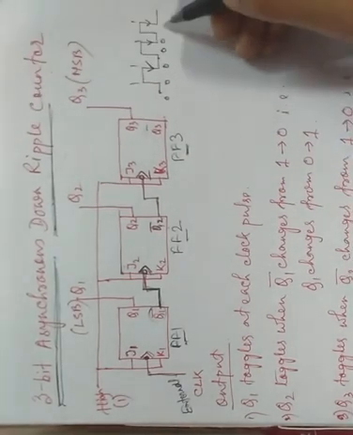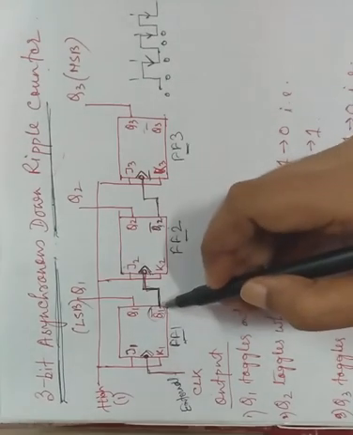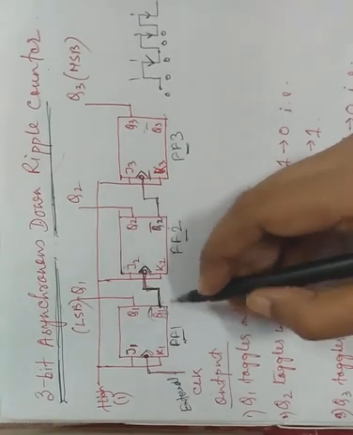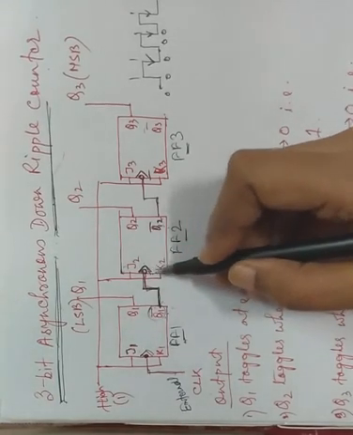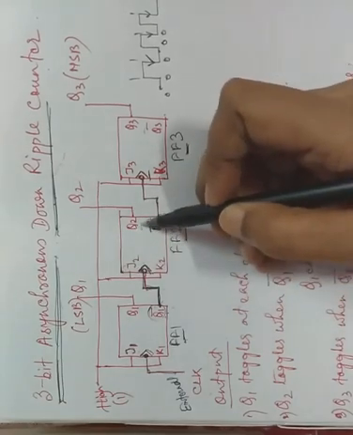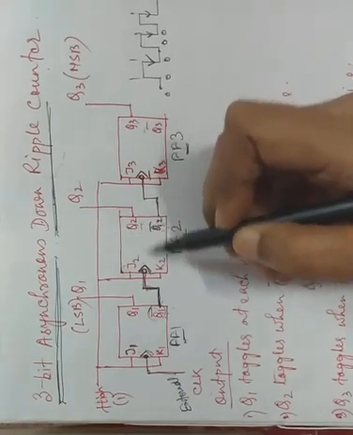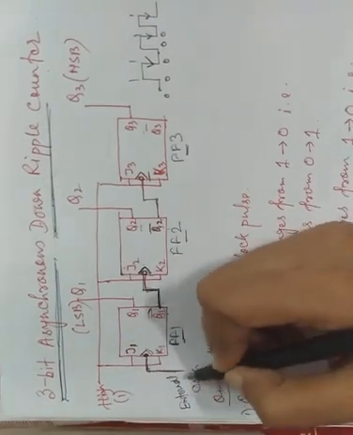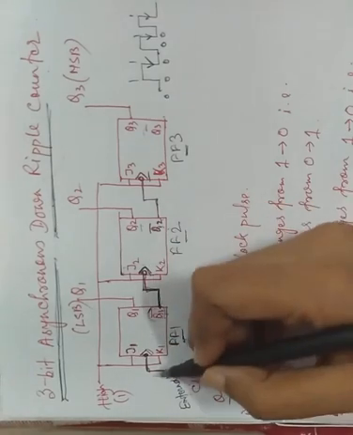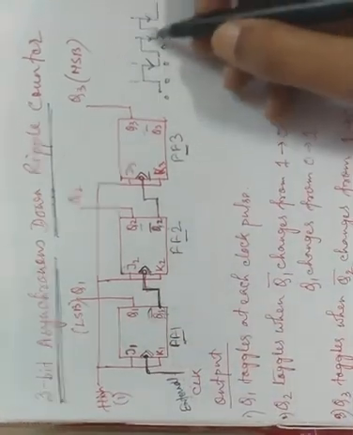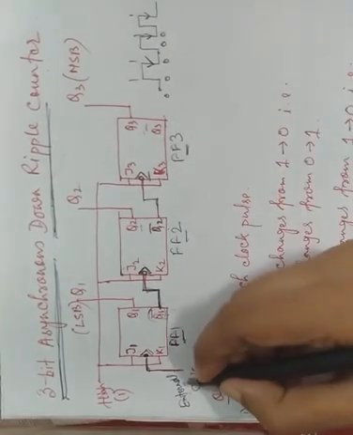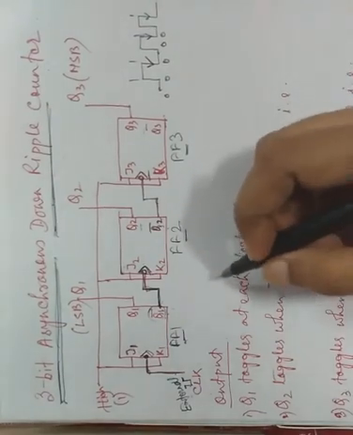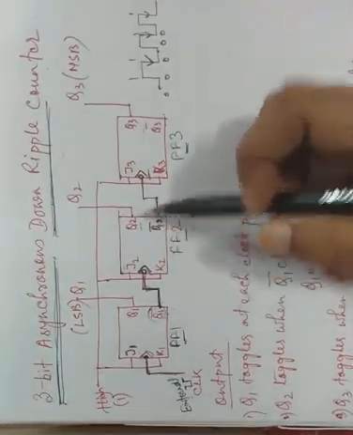So the next flip-flop changes only when the previous output, Q1, changes from 1 to 0, then the output of Q2 will change. And the first flip-flop's clock is connected externally, so the first flip-flop will also change whenever the clock goes in the reverse direction, from 1 to 0, as it is negative edge triggered. Okay, so this is the working.